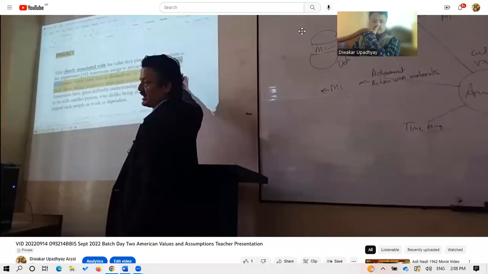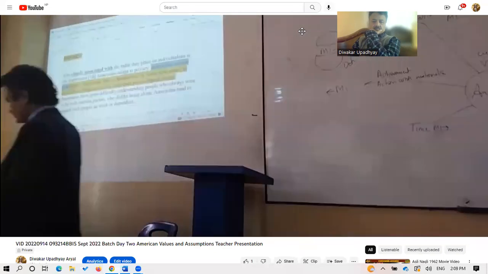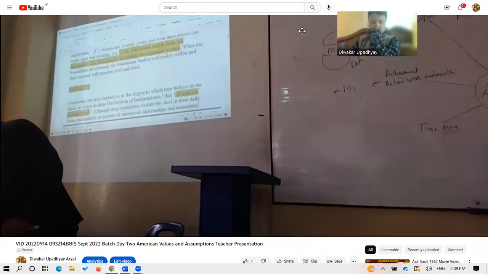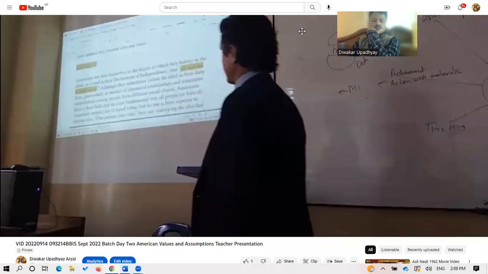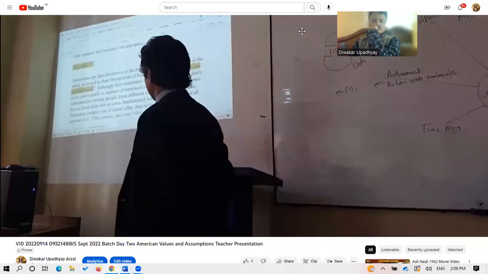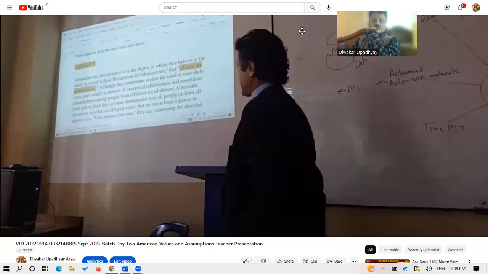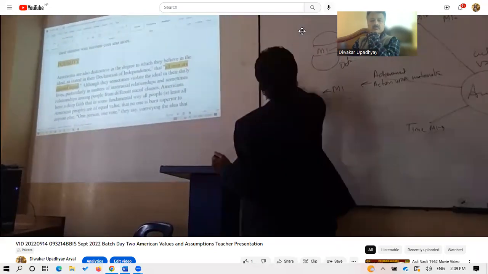Detail, main idea. So this paragraph is also of this structure. Now move ahead. Equality. Americans are also distinctive in the degree to which they believe in the ideal, as stated in their Declaration of Independence, that all men are created equal. Now this is not like this one. This is like this.